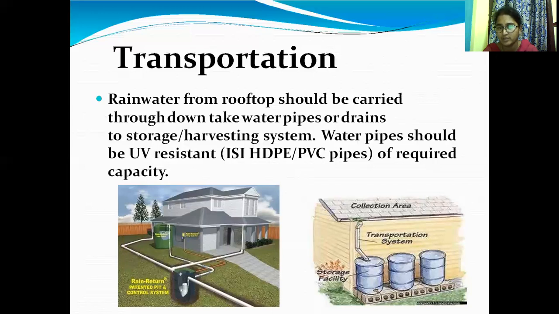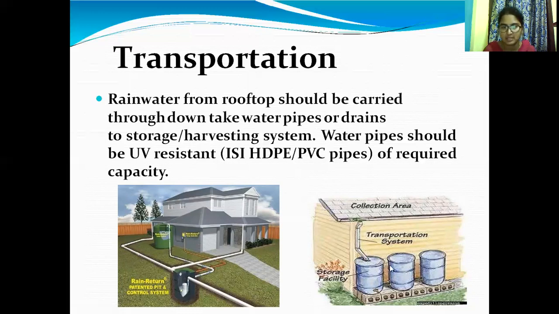The gutters or channels are made of materials like polyvinyl chloride or galvanized iron. By using these pipes, the water will be collected from the rooftops and then stored in particular tanks.